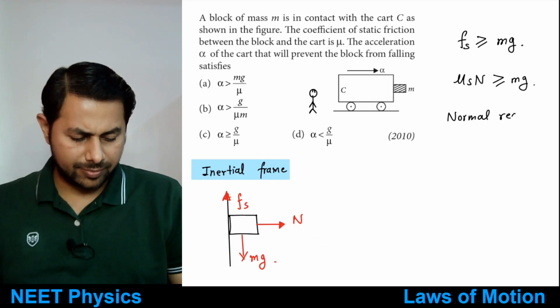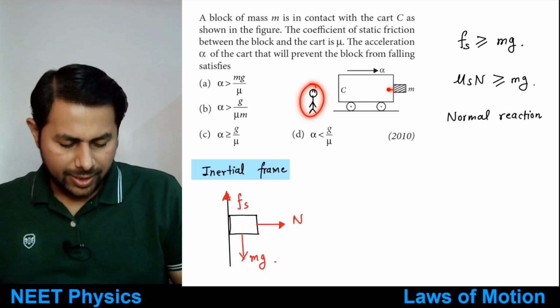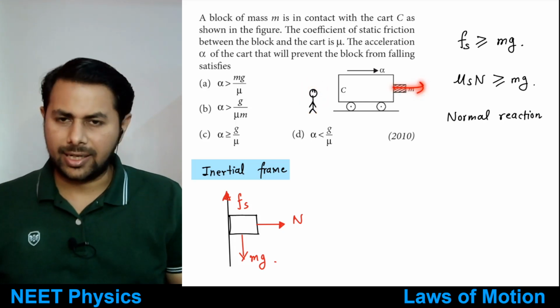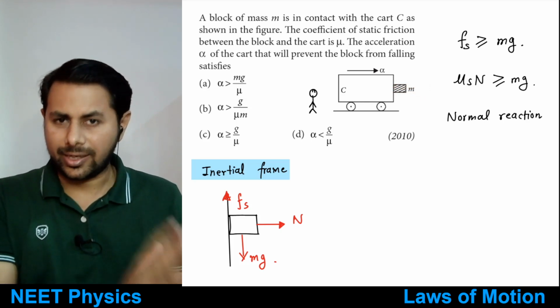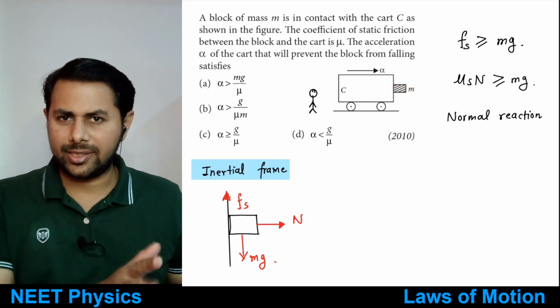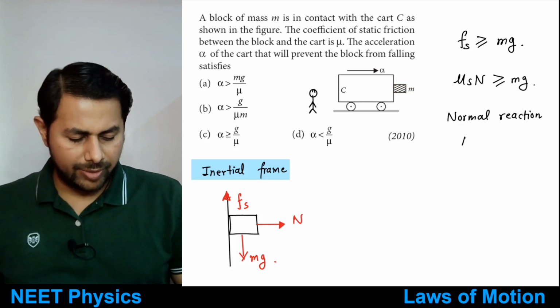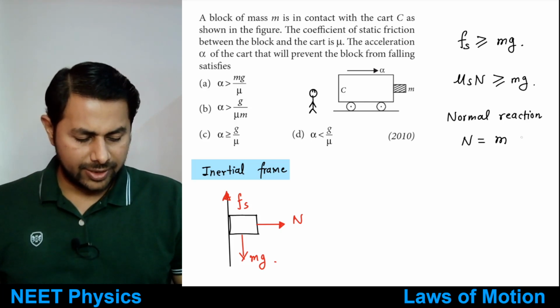So this person will say this block is accelerating in this direction and the normal reaction causes the acceleration of the block. Therefore, the normal reaction is just equal to the mass multiplied by its acceleration.